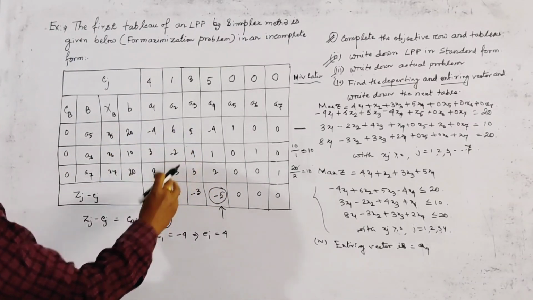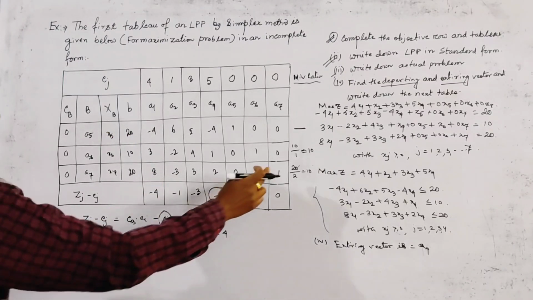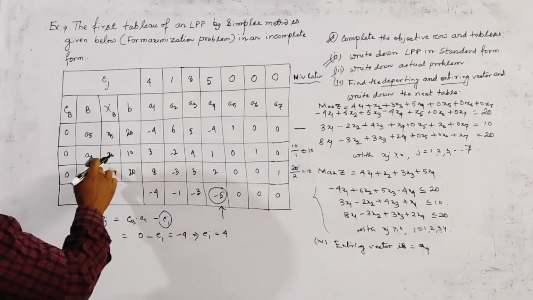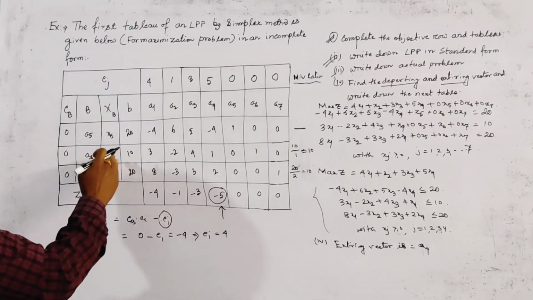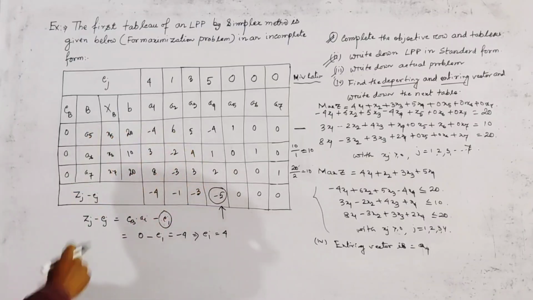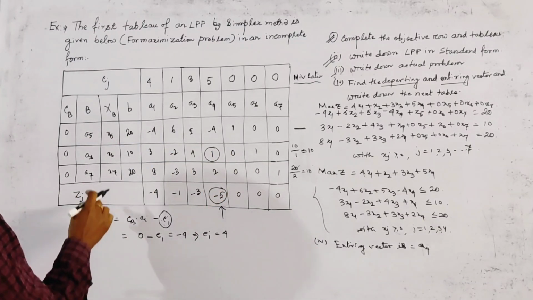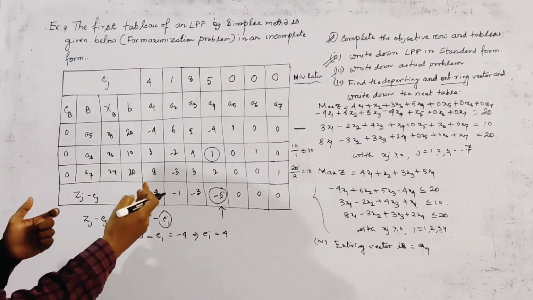To calculate the next table easily, we take this row as the key row, and this element is the key element. So this is the key element and A6 is the departing vector.